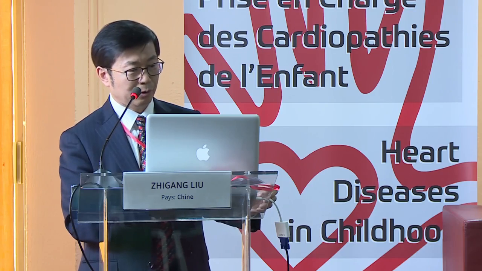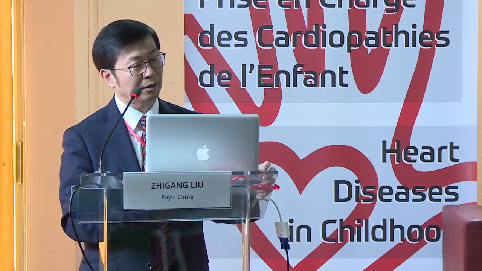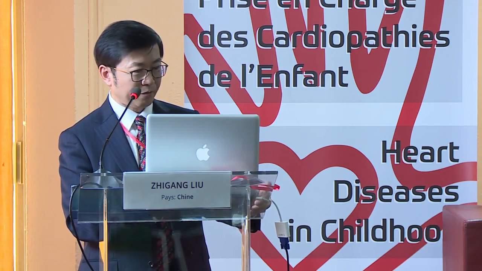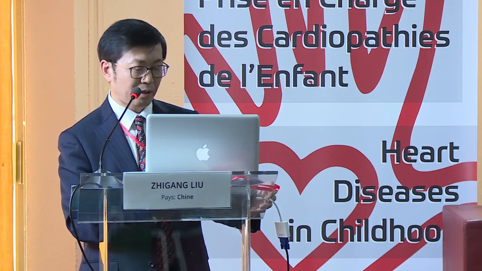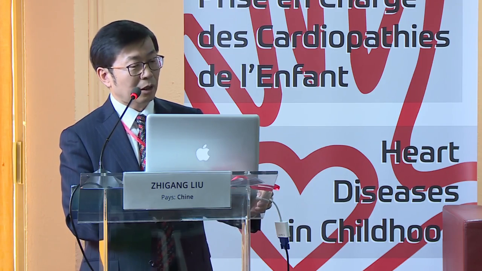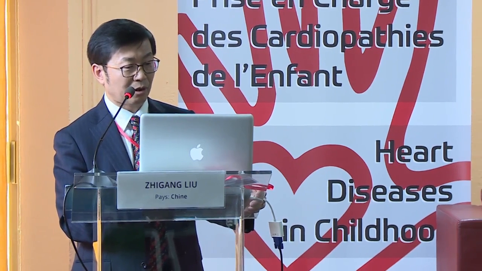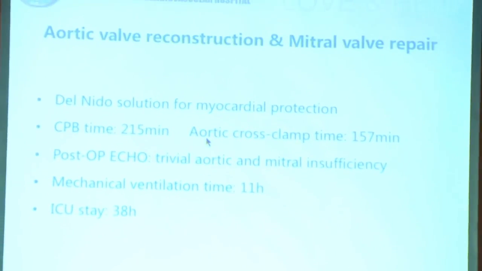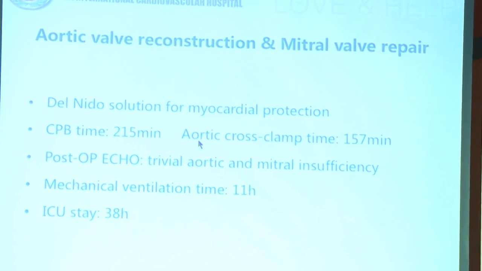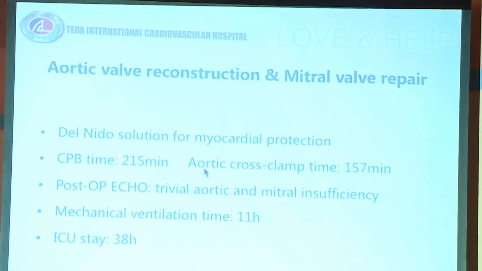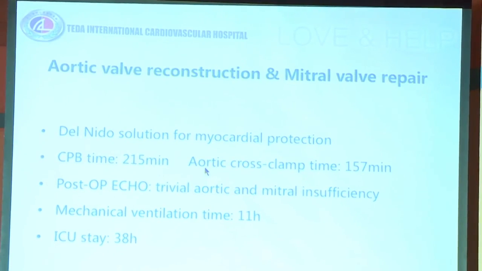Again, I used del Nido solution for this prolonged procedure. The CPB time for this special case was long, about 250 minutes. Cross-clamp time was almost 2.5 hours. But the result is good. There is only trivial aortic and mitral insufficiency.